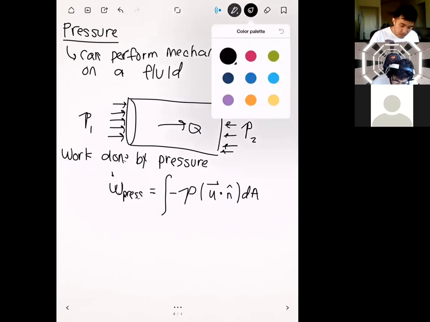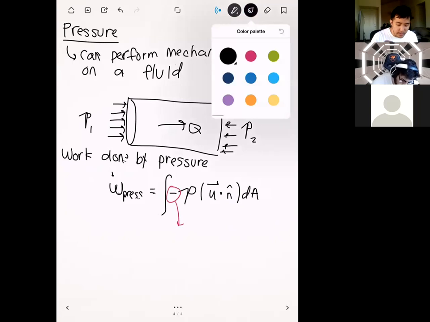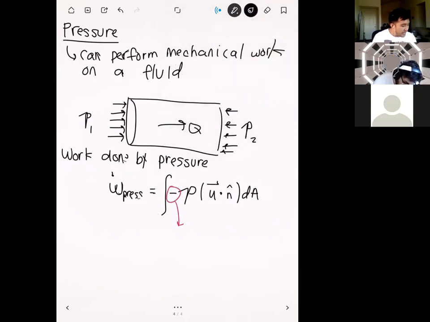Okay. And so you might be asking, what's up with the sign convention here? So why do we do negative? Okay. And so the reason we do negative is that typically, since the flow is going from left to right, we say that the pressure force is doing positive work on the inlet. Okay, or at least that's what we want to say.